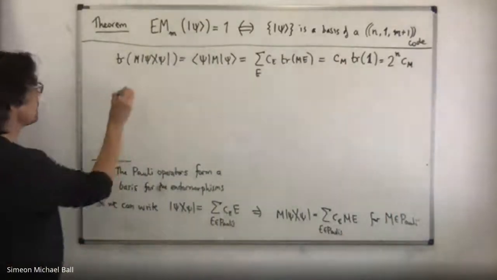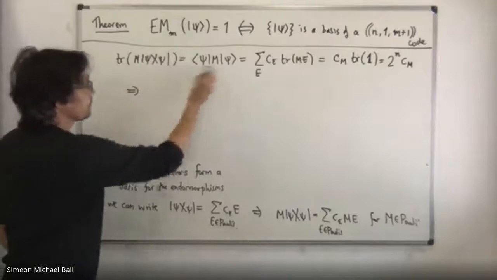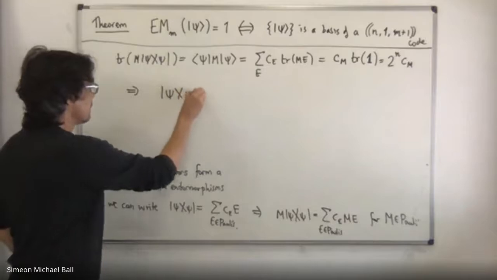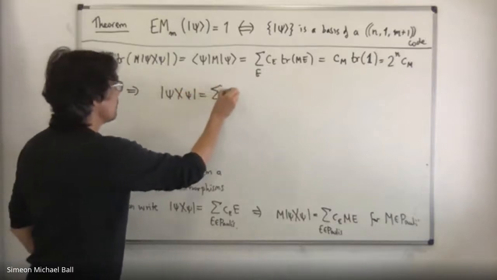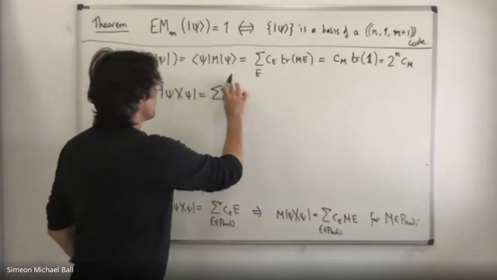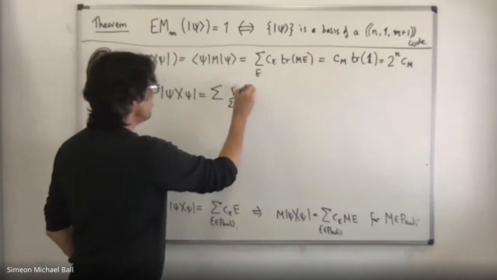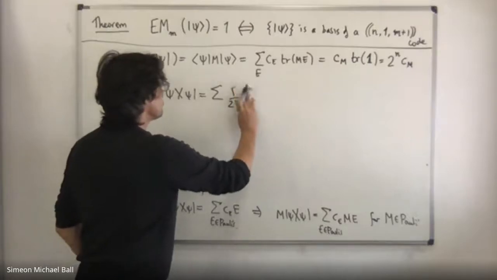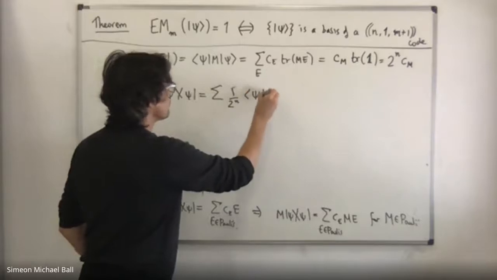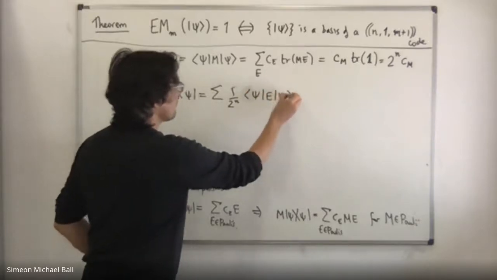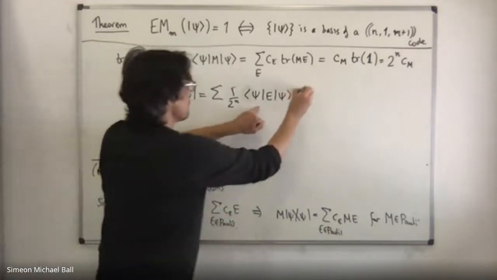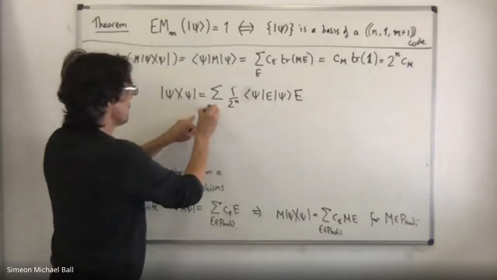Okay, so what this implies is that this ket-bra is the sum of 1 divided by 2 to the n, changing now the m to an E, to put this into here, times E, and we're still summing over all the E's in the powers.